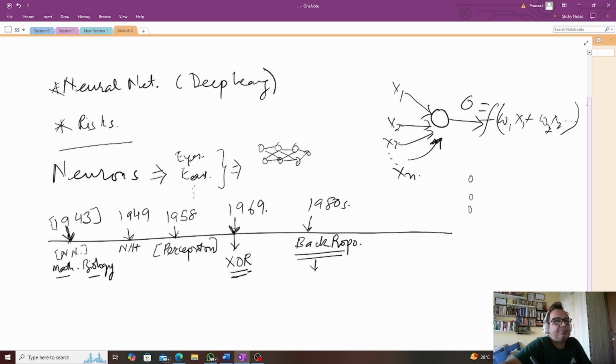Let's suppose there are some perceptrons in the first layer, some in the second layer, and some in the third layer, and so on, and then there is an output layer which will have a single or multiple perceptrons.